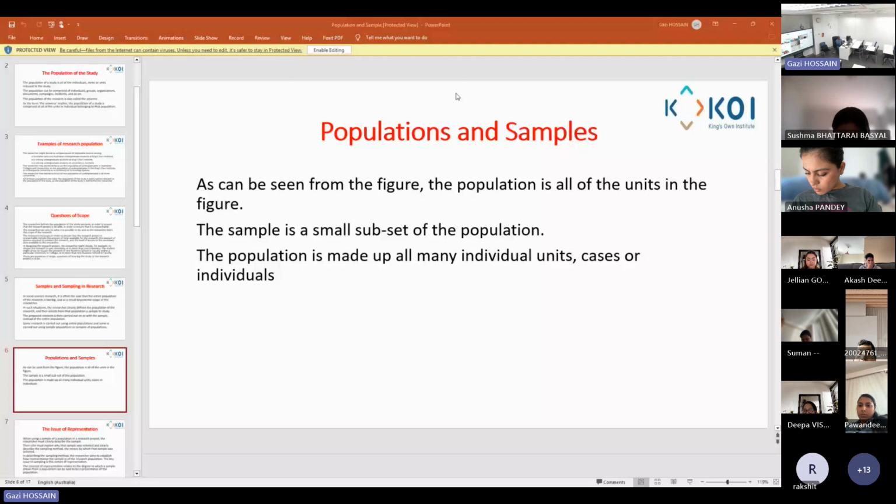Some are single, some are double, some have three. Say, for example, 3y, 4y, 5y, 6y. Now, how will you draw your sample from this varied population? This is my question.